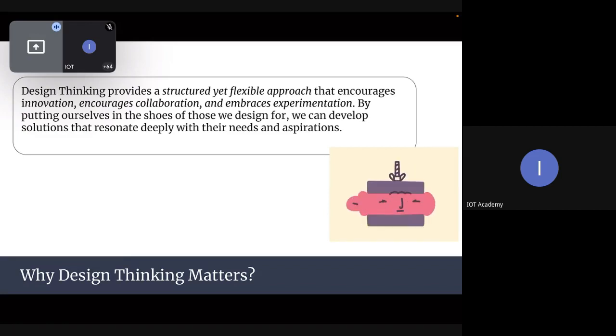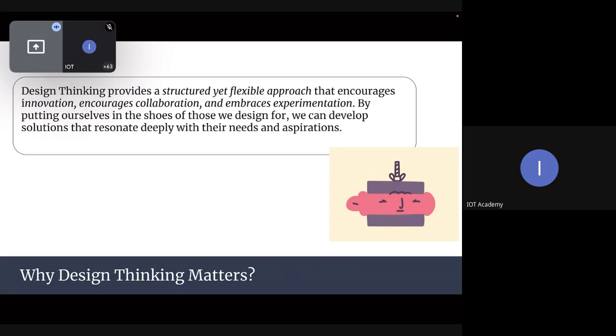So design thinking provides a structured approach, because it is in stages, as you will see ahead, and yet a flexible approach that encourages innovation. It encourages collaboration. It embraces experimentation. And most of all, we put ourselves in the shoes of those we design for. It is human centric.